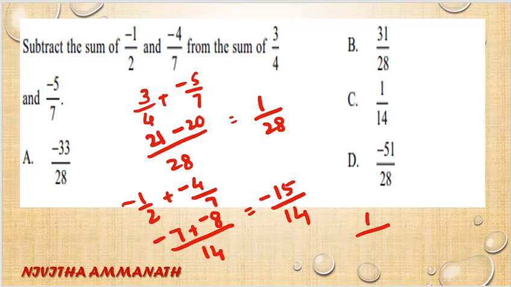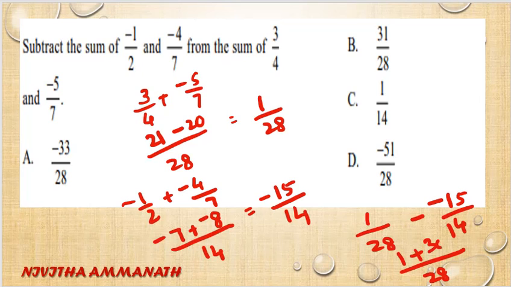That is 1 by 28 minus 15 by 14. We have to take LCM 28. 1 plus this one 2 into 15, that is 30. 30 plus 1, 31. 31 by 28. B is the correct option. Next question.